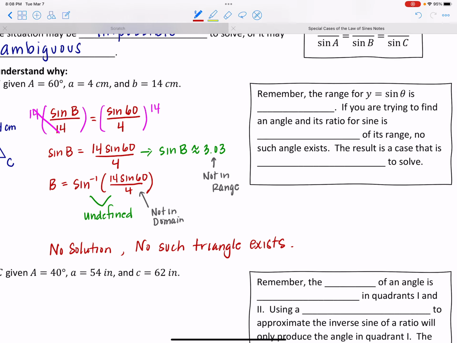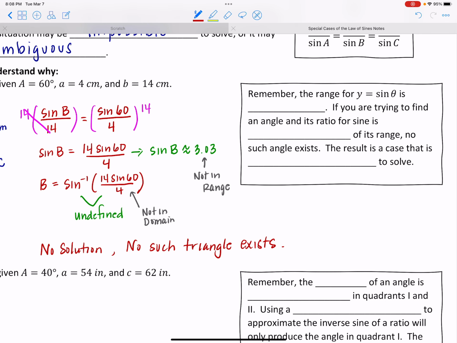But the key takeaway from this, again, we need to remember that the range for our sine function is from -1 to +1. So if we're trying to find an angle such that the angle produces an output that is out of that range, right?